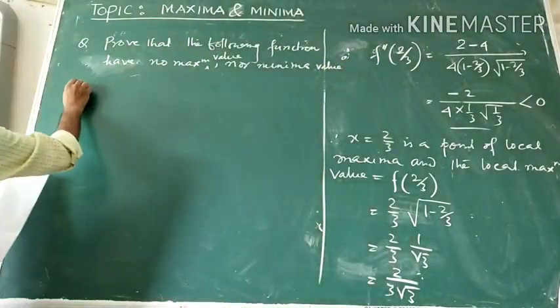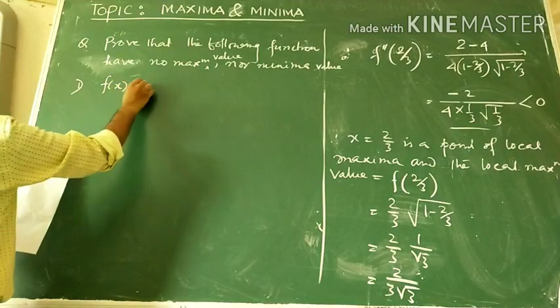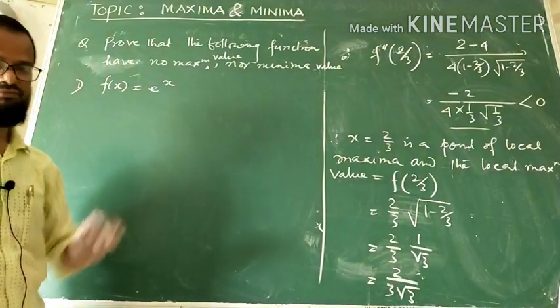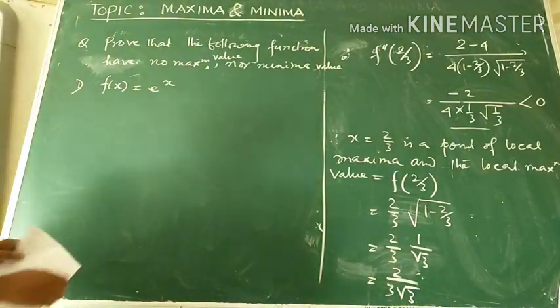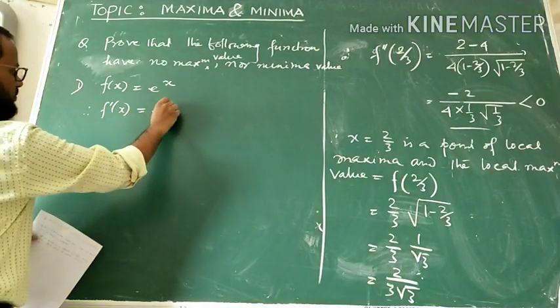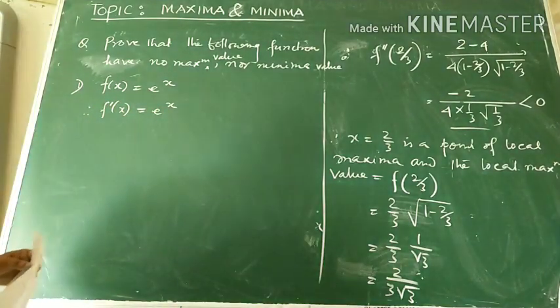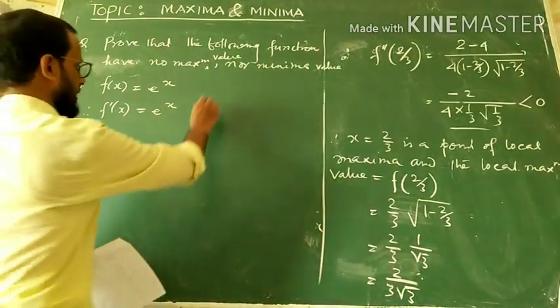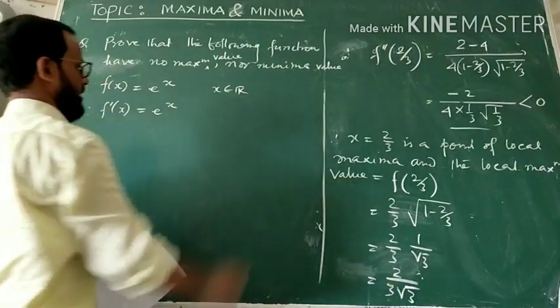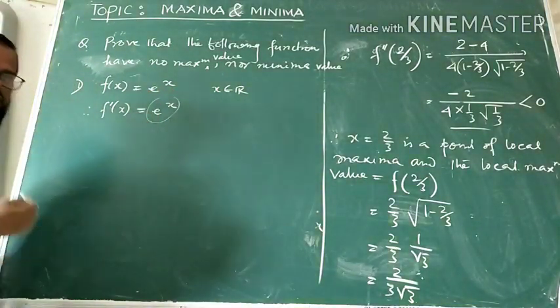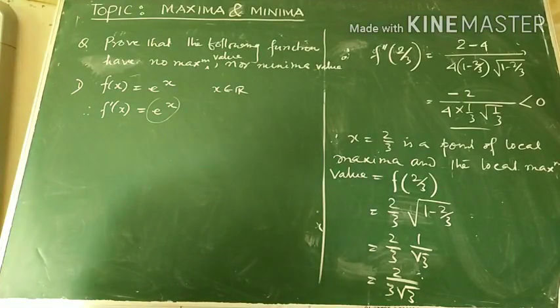So the first question, a very simple one, fx equal to e to the power x. You find the derivative, and you get f dash x equal to e to the power x. Clear? And the domain of the exponential function is the set of real numbers, here x belongs to R. For every real number, e to the power x is never 0, it is always greater than 0.